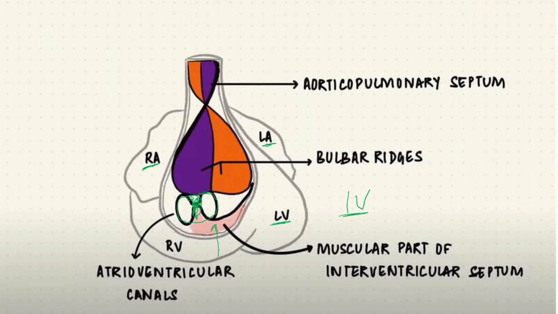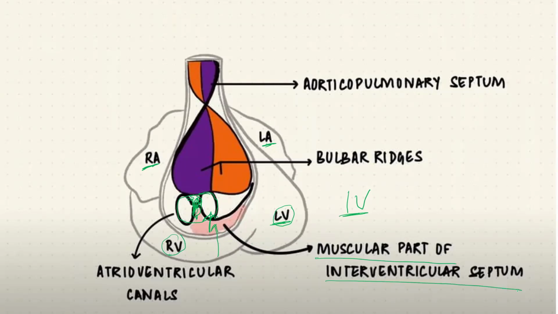The muscular part is simply formed by an upward growth of the mesenchyme of both ventricles. So the mesenchyme between the left and right ventricles at the midline starts to proliferate upwards, and that will form the muscular part of the interventricular septum.